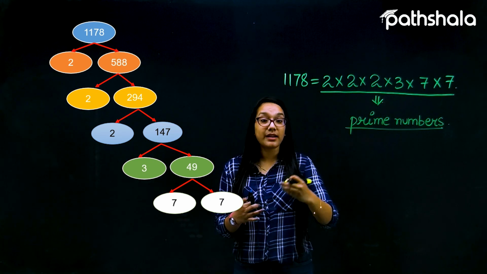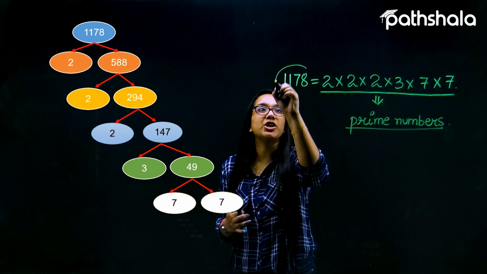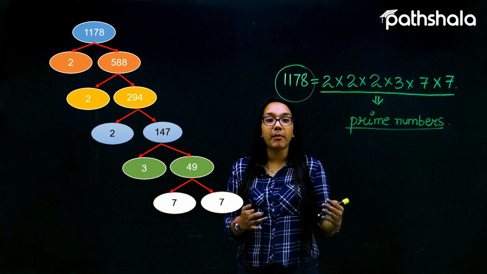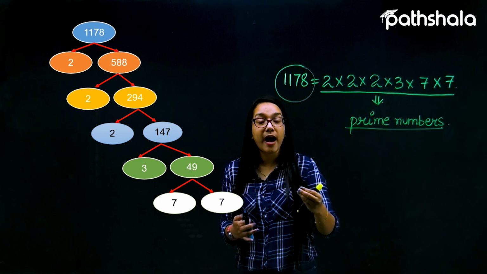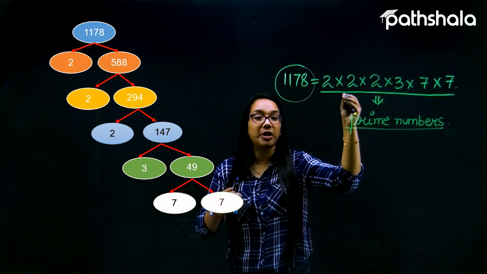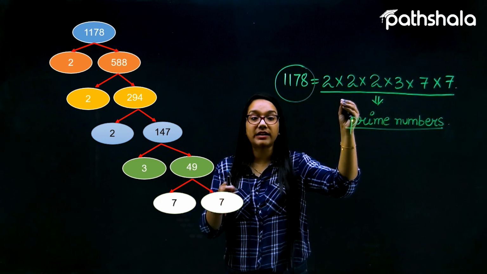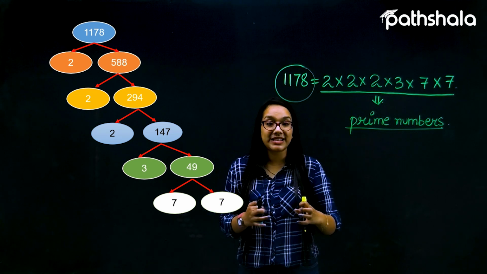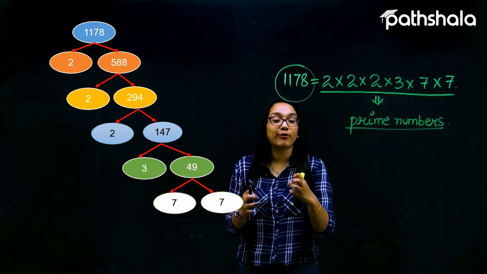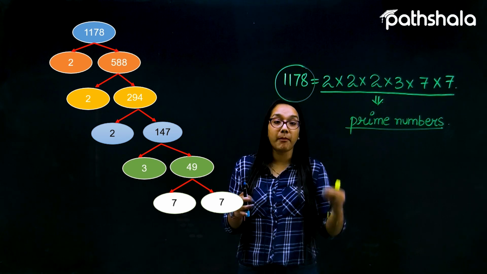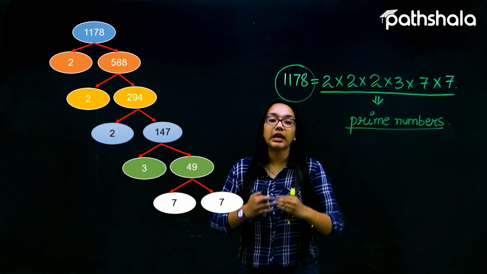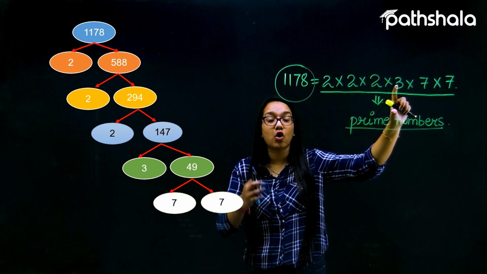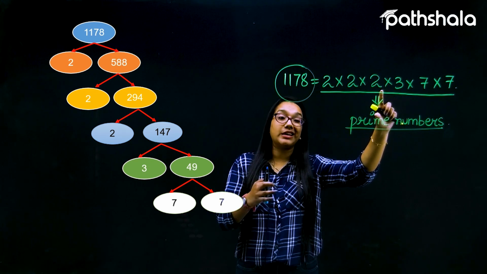It means that any number of this kind, or any natural number that we have, must have a factorization of this formation in which the factors are always prime numbers. So we can conclude that any natural number can be expressed as a product of prime numbers, or factors which are prime.